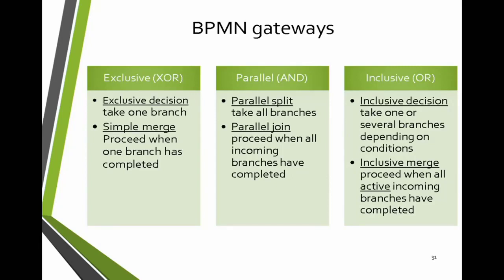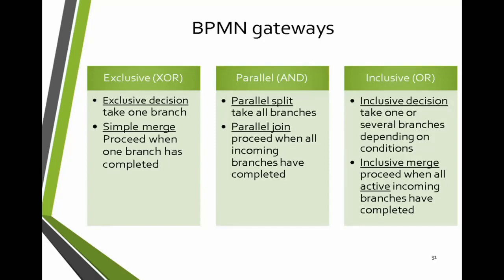So, while the other two are quite clear, in an exclusive gateway, you pick one out of many paths. In a parallel gateway, you pick all the paths. Now, in an inclusive gateway, you pick one or more, but not necessarily all. You can also pick all.